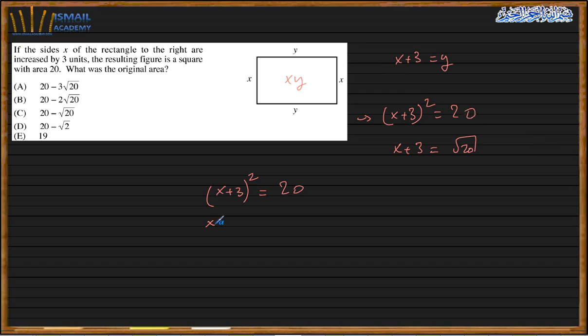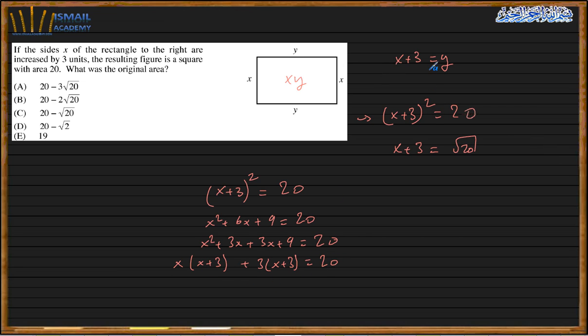So that means I will have x squared plus 6x plus 9 equal 20. Here I will have x squared plus 3x, I split this, 3x plus 9 equal 20. So I take x as common factor. It's going to be x times x plus 3, plus 3 times x plus 3, equal 20.